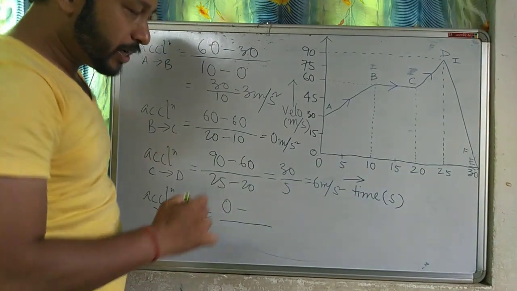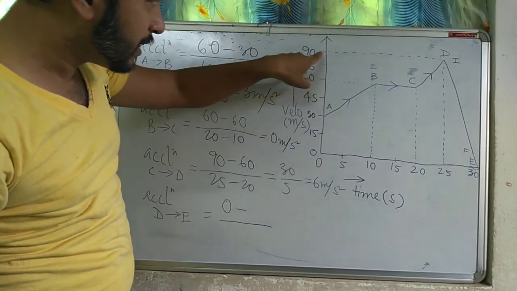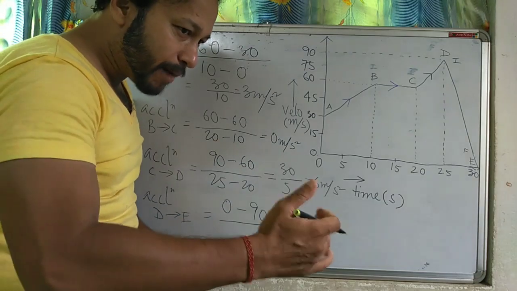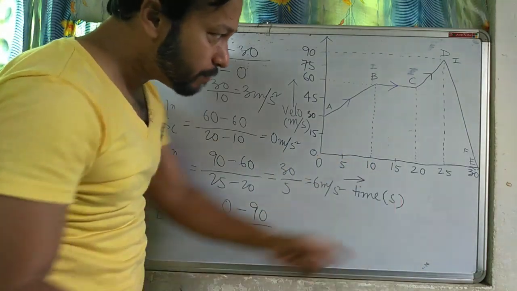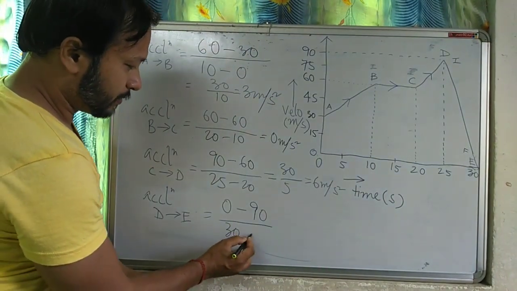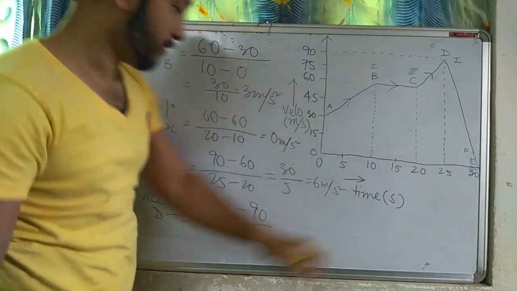0 minus initial velocity. Initial is D, 90, divided by final time minus initial time. What is the final time? Final time 30. Initial time 25.